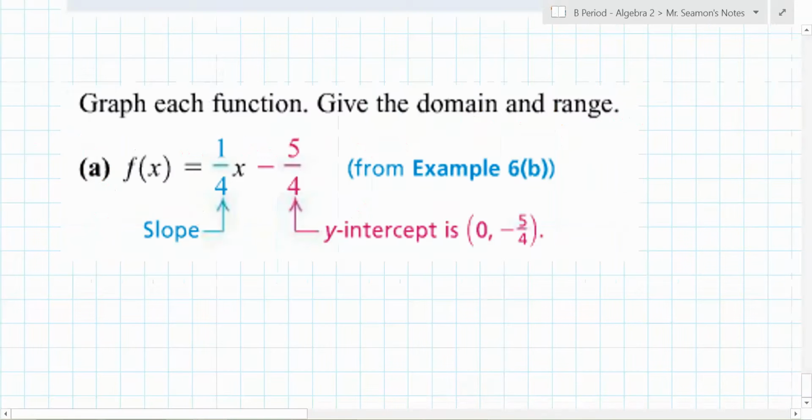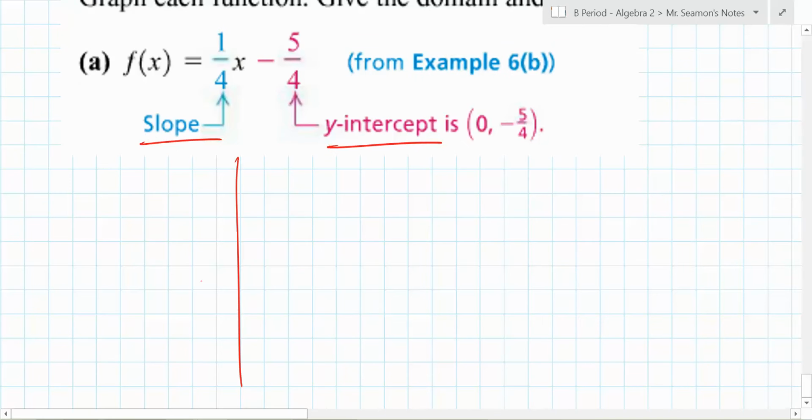Exciting. 3 types of equations. That is slope-intercept form, because it gives you the slope and the intercept. So if you're going to graph something in slope-intercept form, where should you start? What point? You need to be more specific. The y-intercept. And the y-intercept is 0, negative 5 over 4.